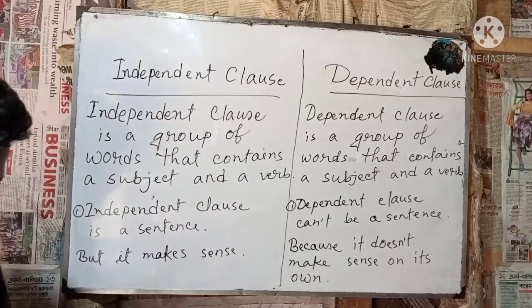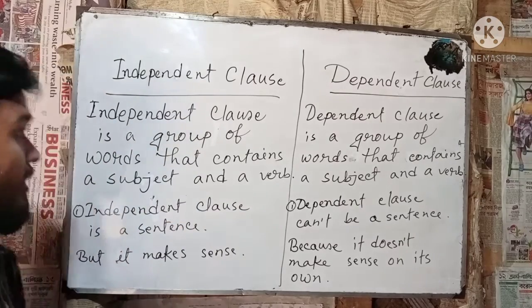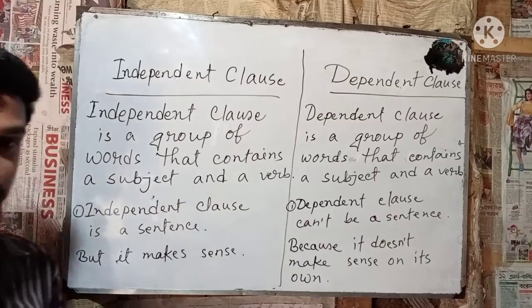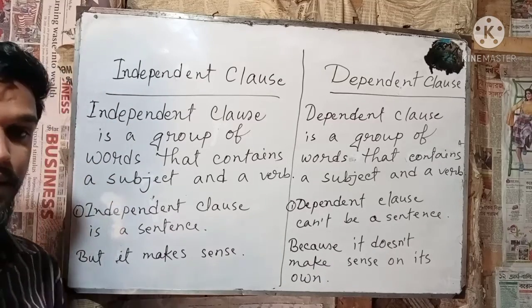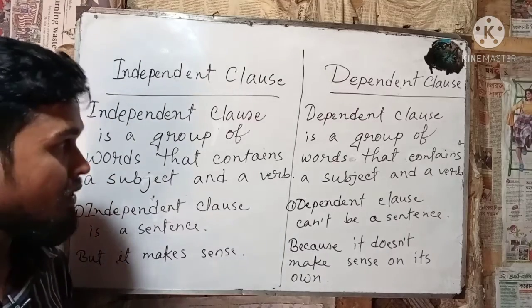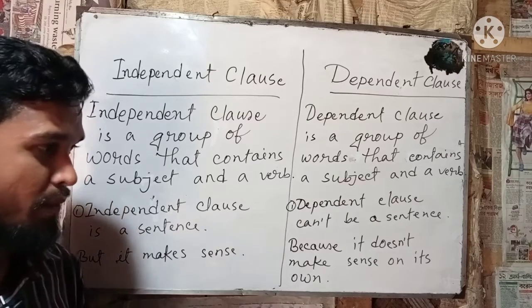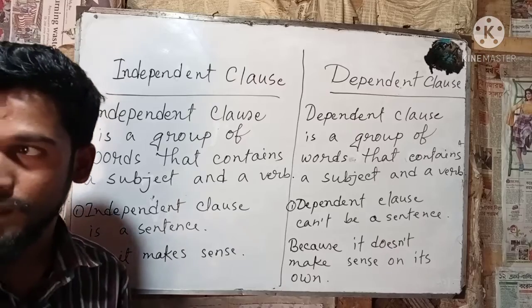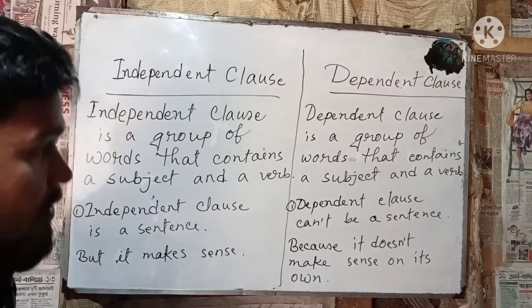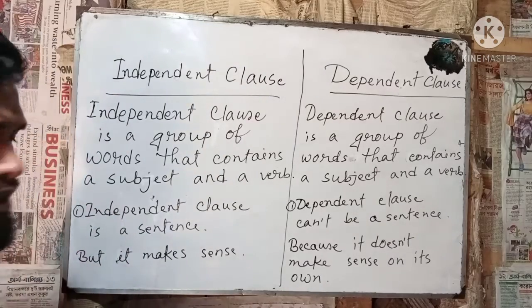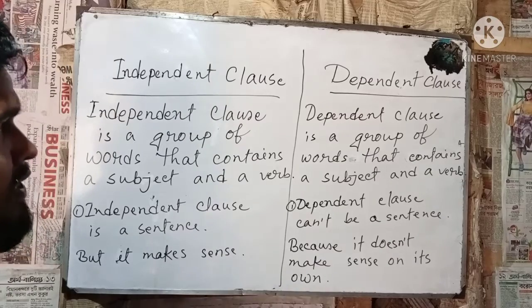It means I want to say that an independent clause conveys a complete thought, but a dependent clause doesn't convey a complete thought. So now let's see some examples of dependent and independent clauses.